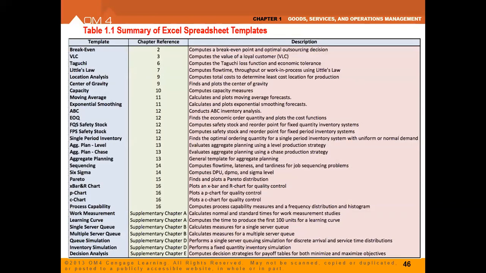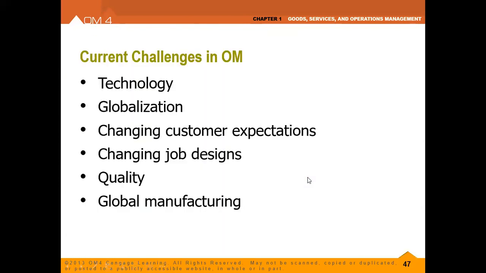This is what we are going to cover in the future. But the current challenges are technology, globalization, changing customer expectations, changing job design, quality, and global manufacturing. These are the challenges we will also talk about in the future.